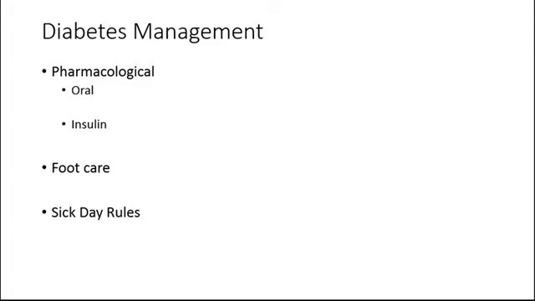So the legs suffer a double whammy, because we have the neuropathy from microvascular changes, and then we may have the peripheral arterial disease from the macrovascular changes. So it's no wonder that a lot of our diabetics end up with some sort of amputation performed in their lower extremities. So foot care is very, very important.